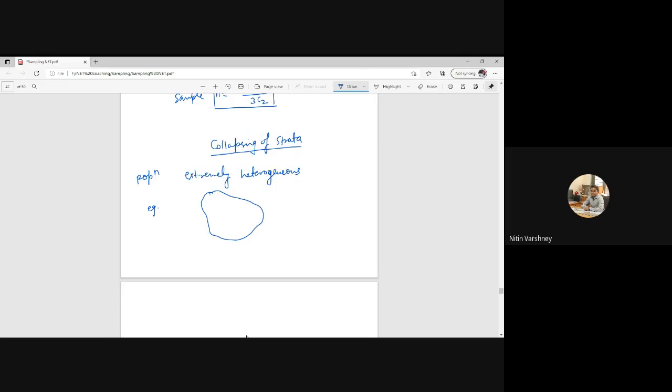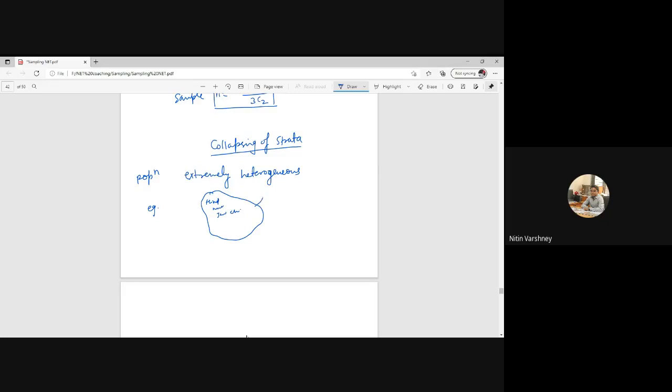So the population is heterogeneous. There is Hindu, Muslim, Jews, Christian, and too many other religions living in a particular district.